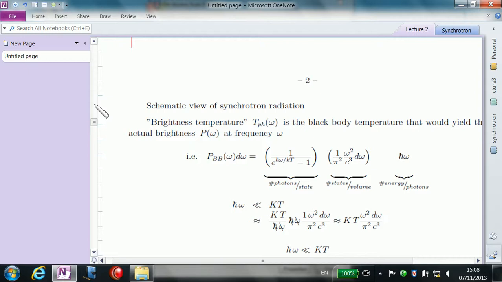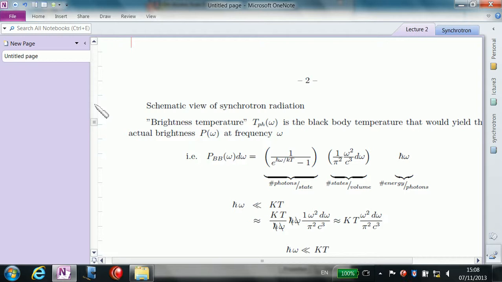And self-absorption sets in. Synchrotron self-absorption is a fact of life. It really happens. We see it. And it sets in when the brightness temperature of the synchrotron emission exceeds the effective temperature of the electrons that are doing the emitting. What's it saying?